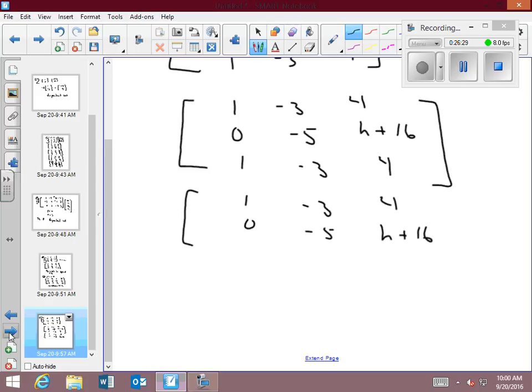And this is going to be 0, 0, 0. So I have a free variable here. And what values of h?